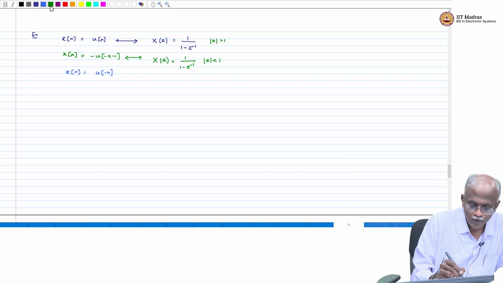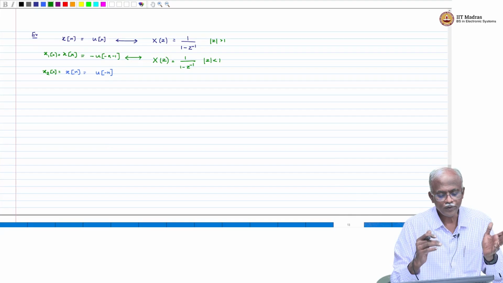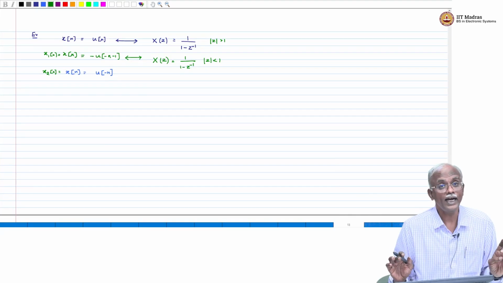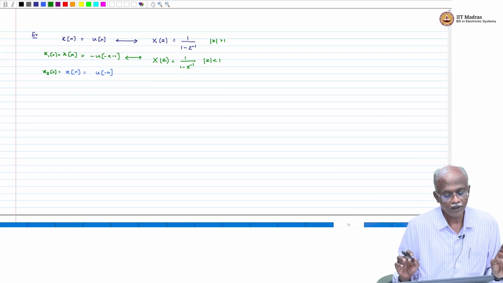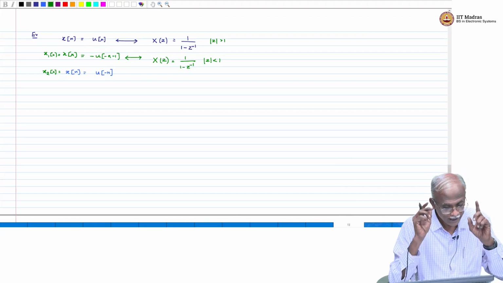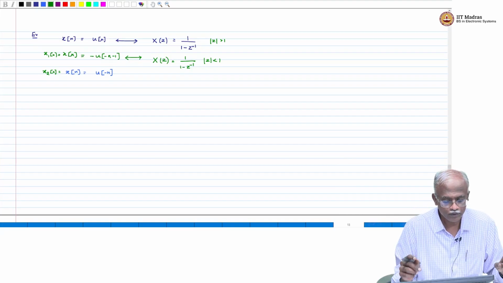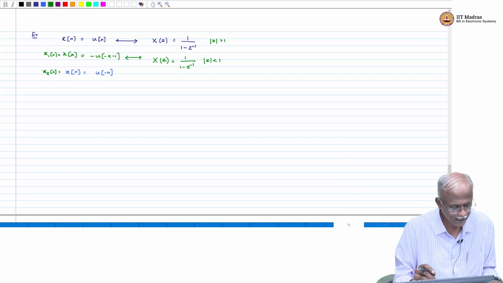Now, if I were to call this sequence x1 of n and this x2 of n, what is the relationship between x1 of n and x2 of n? I want you to think along those lines and then write down the expression.